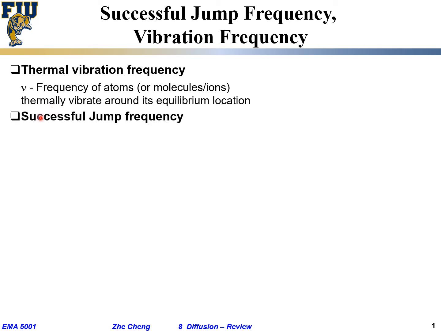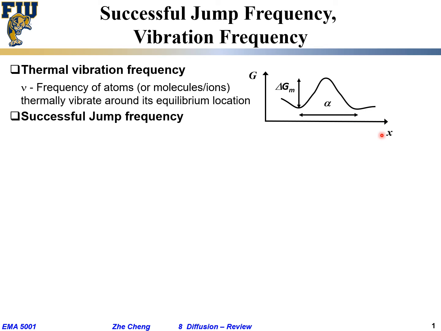And then in this class about diffusion, we introduced the so-called successful jump frequency, gamma B. To talk about gamma B, let's first take a look at an arbitrary plot of Gibbs free energy versus location.